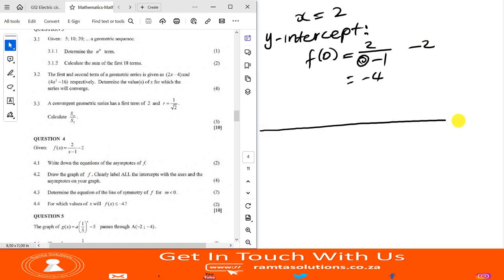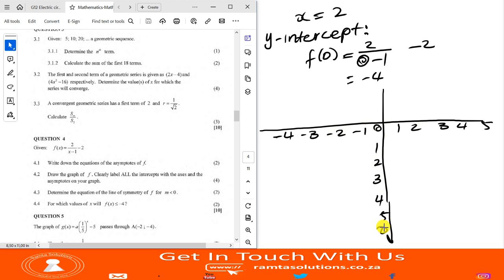So let me just do this. I will label the axes: minus 4, minus 3, minus 2, minus 1, 0 on the y-axis, and 0, 1, 2, 3, 4, 5, 6 on the x-axis. This is x, this is y.